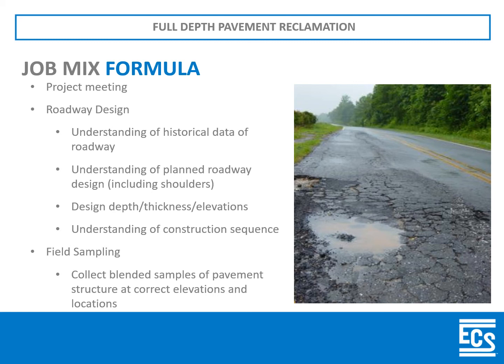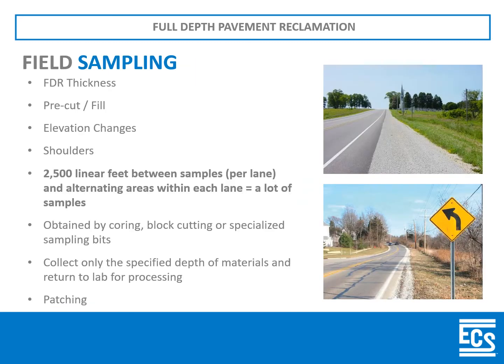Now, when we do collect a sample, we're collecting blended samples of the pavement structure, and again, at the correct elevation and location. This is very critical in the field sampling part of this process. Once again, it's very important to know and understand if there's any pre-cut or fill.